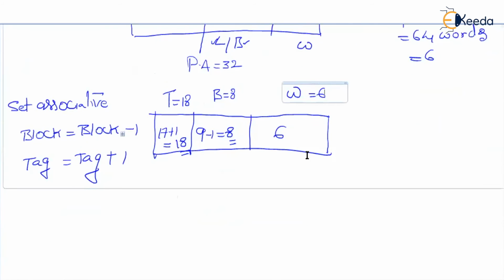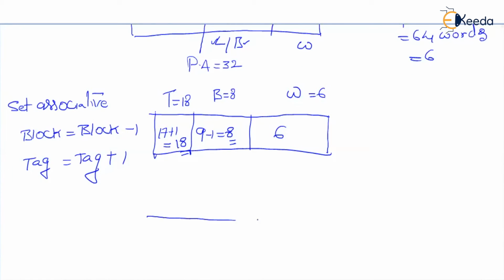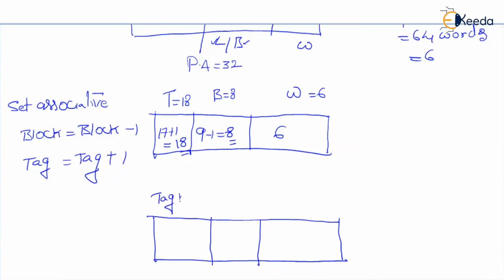Now let us go to four-way set associative. The division will be as simple as two-way set associative. Tag is equal to tag plus 2 from direct mapping, and block is equal to block minus 2 from direct mapping, and the word field will not get changed. Word field will be equal to 6.